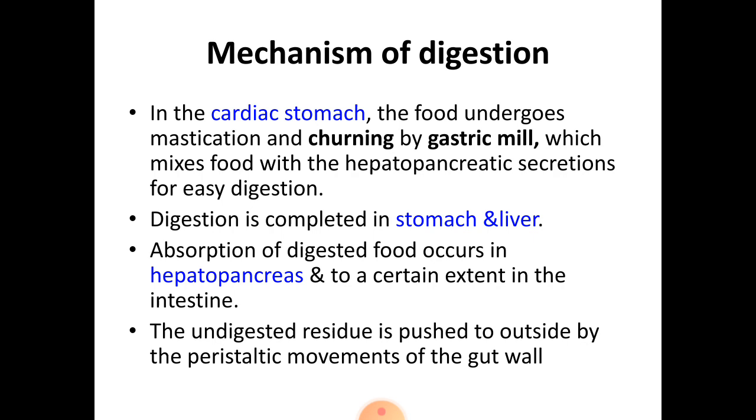In the cardiac stomach, this food undergoes mastication and churning by the gastric mill, which mixes the food with hepatopancreatic secretion, which helps in easy digestion. The digestion is completed in the stomach and liver, and absorption of digested food occurs mainly in the hepatopancreas and to a certain extent in the intestine. The undigested residue is pushed to the outside by the peristaltic or wave-like movement of the gut wall.